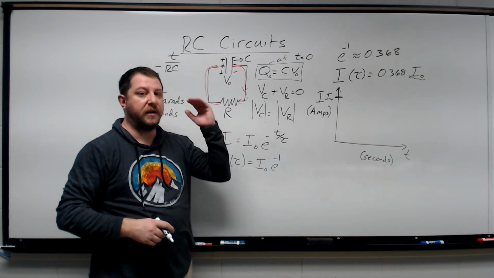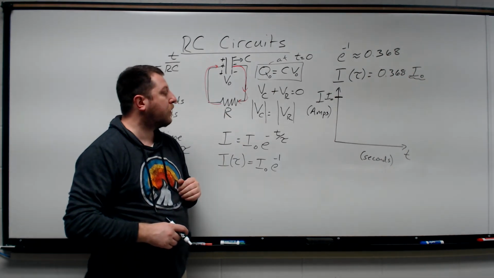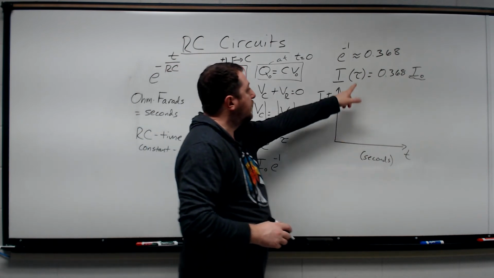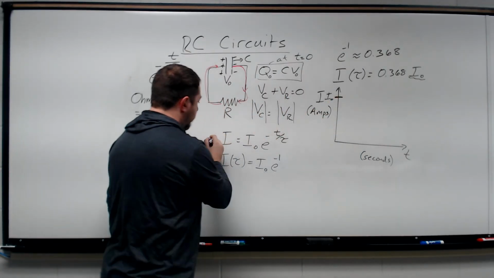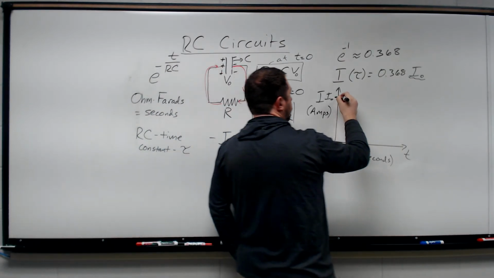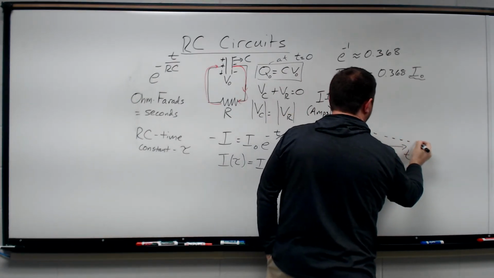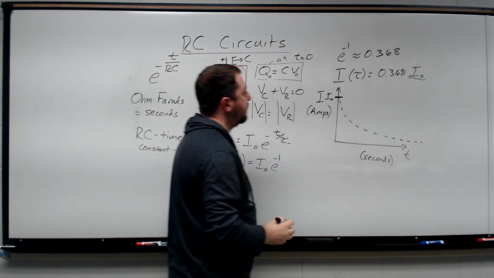So I naught's just going to be V naught over R. And it will exponentially decay from this rule, and it would then approach 0.